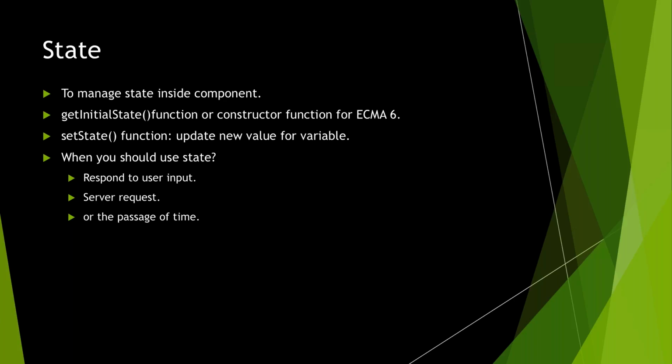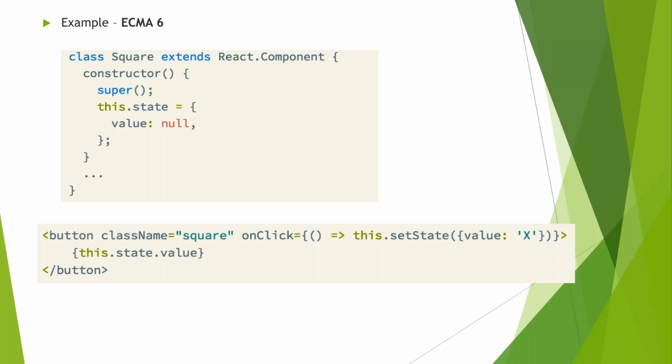So how it does that, I'll show you. This is an example of how you would set a state variable using ECMA 6. I'll also show you another example using ECMA 5, but first let's see ECMA 6.